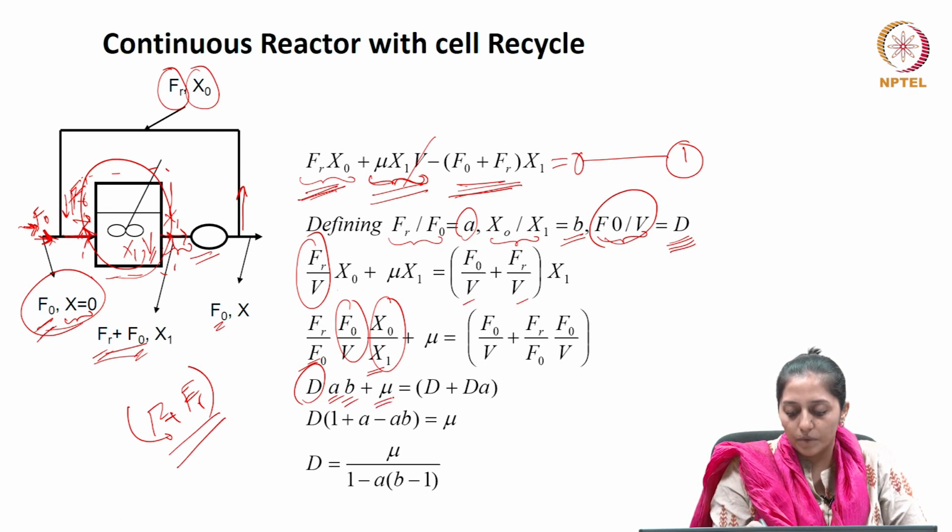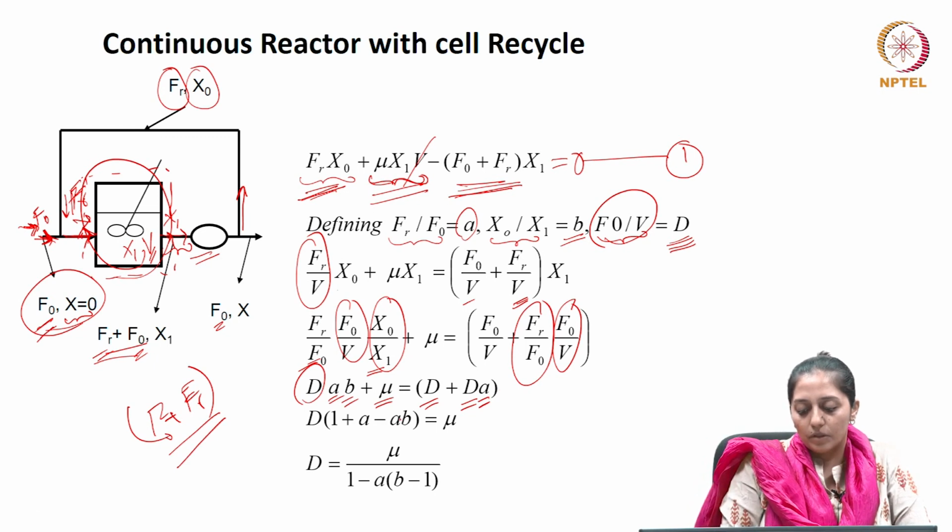So, only mu remains in the second term, and on the RHS, F0 by V has been given as D, and again in the second term, Fr by V, F0 has been multiplied and divided, so F0 by V has been represented as D and Fr by F0 has been represented as A. Now again D has been taken common.